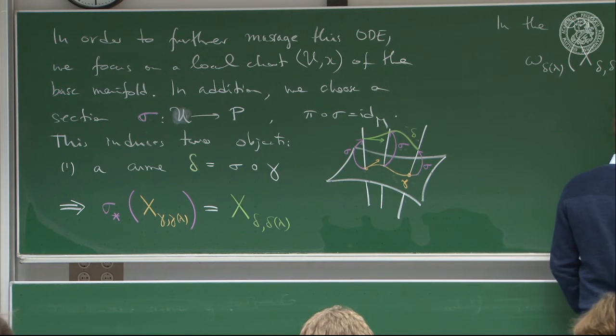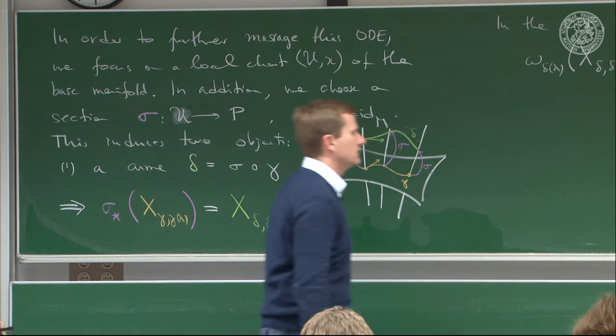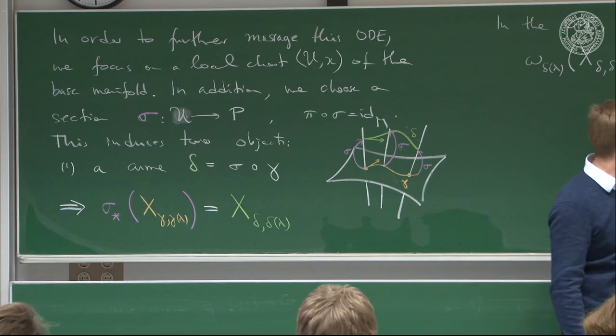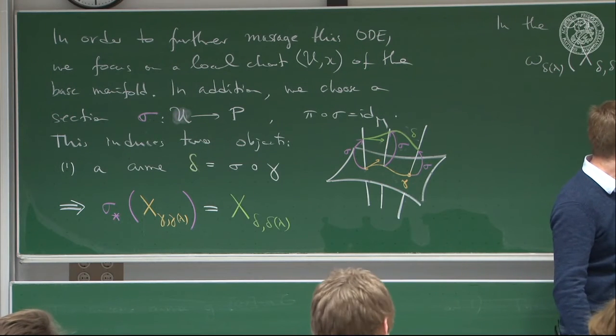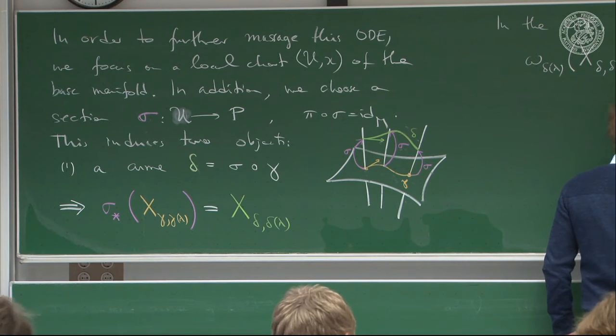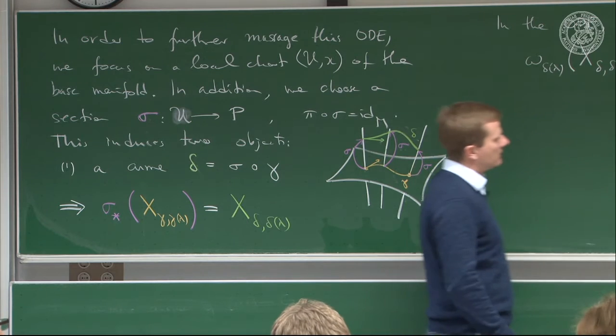So this action I can, of course, write in this form, right? The action of this one form on this vector, because it's really a tangent vector to the manifold. And of course, I should say here, this is at the point gamma of lambda. Okay?